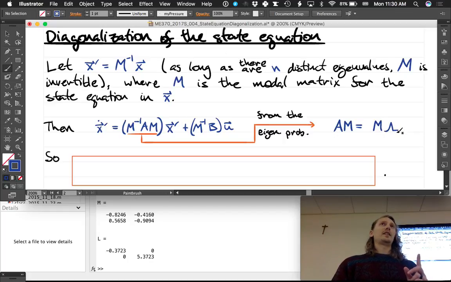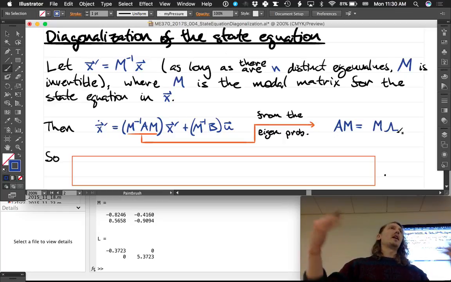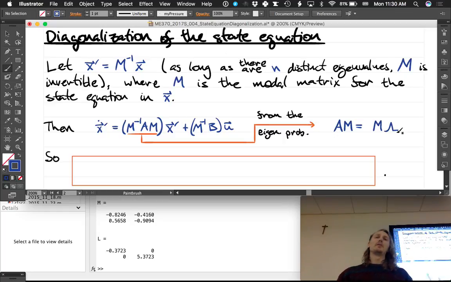That's something that you may not be familiar with from matrix algebra, but it's true. And if you do that, what you end up with is just an eigenvalue eigenvector problem.